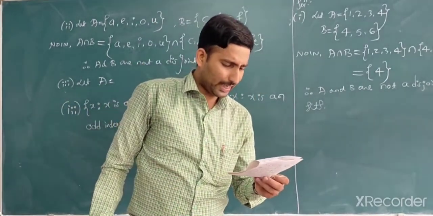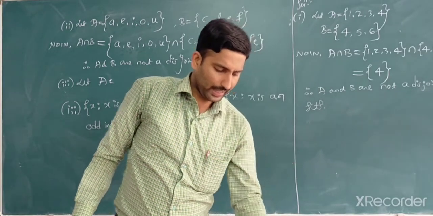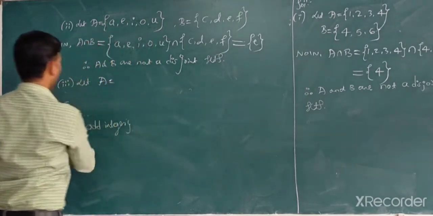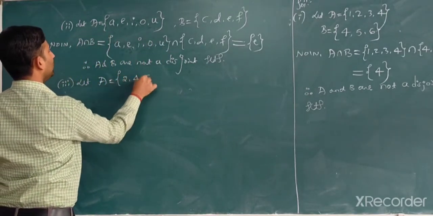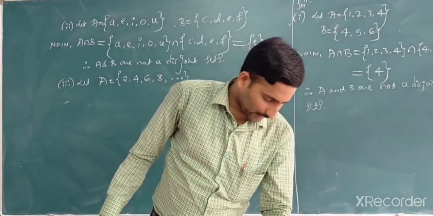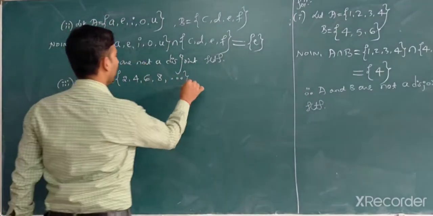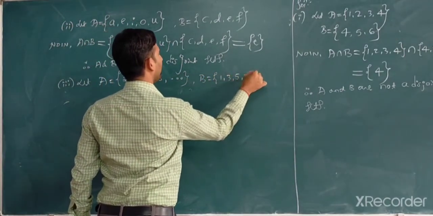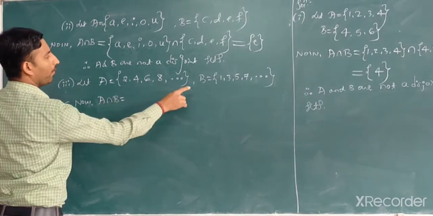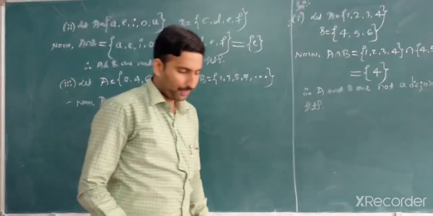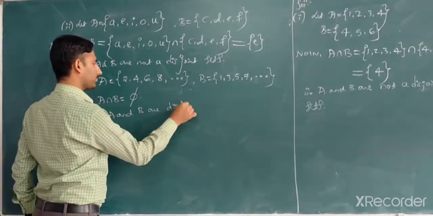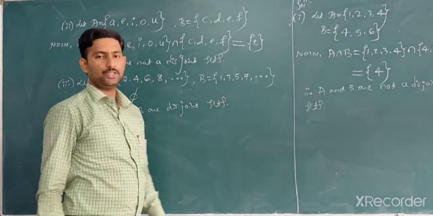Even integers are nothing but 2, 4, 6, 8, and so on. The other set, x is an odd integer, is 1, 3, 5, 7, and so on. Now A intersection B is equal to empty. Therefore, A and B are disjoint sets.